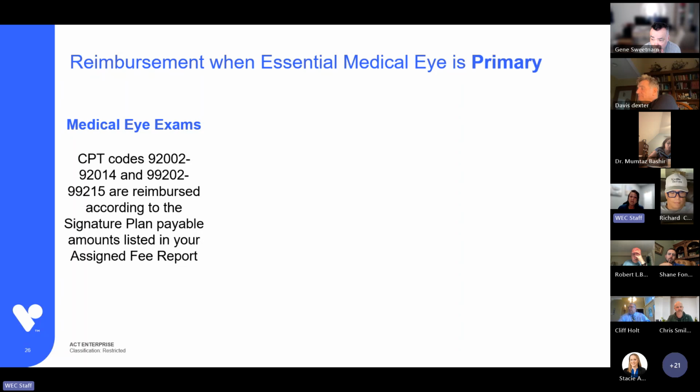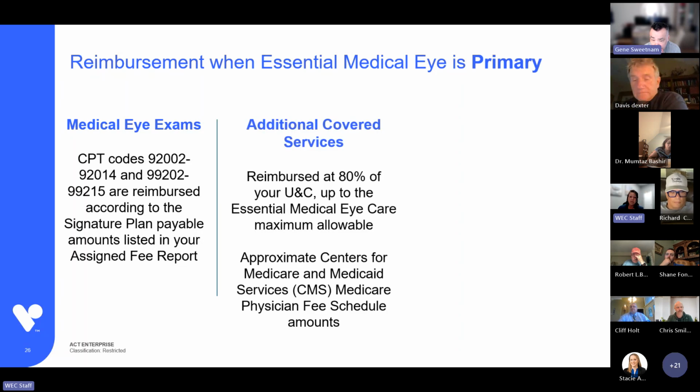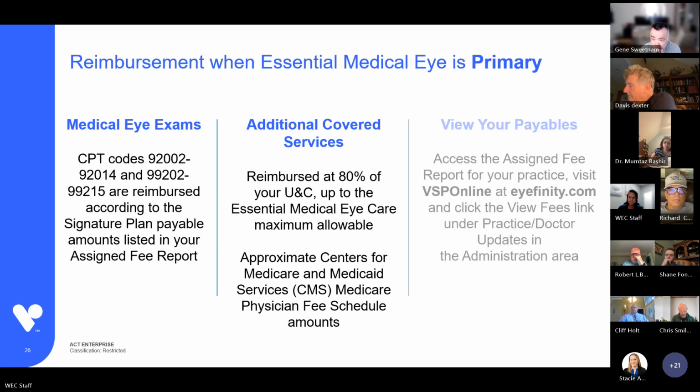We'll show you how to figure out your assigned fee report and how to get to it in just a second. Now, any additional covered services, meaning other diagnostic testing, your topos, your PACs, gonio, any of the diagnostic testing, you're going to get paid just about the same thing that you do for Medicare and Medicaid, for CMS services. It's pretty darn close to that.